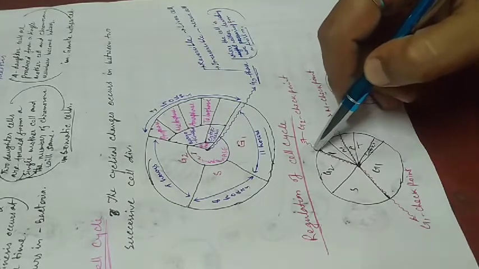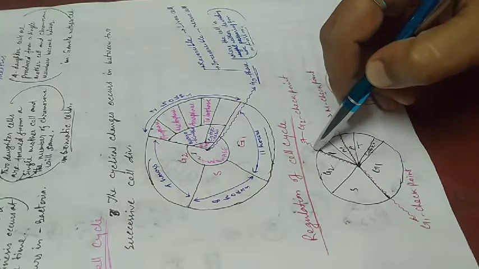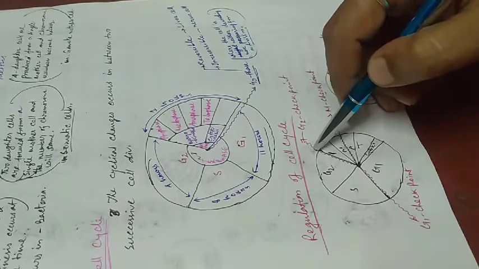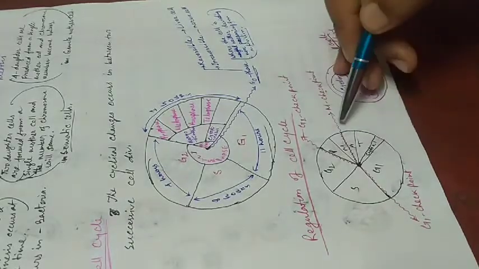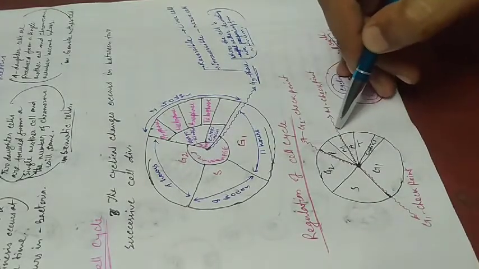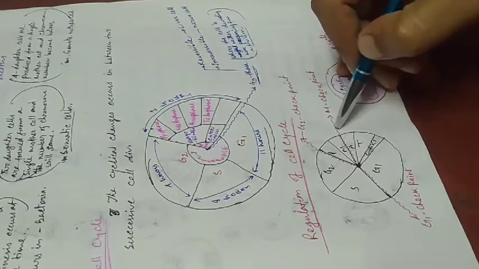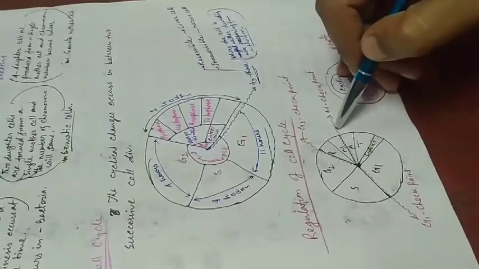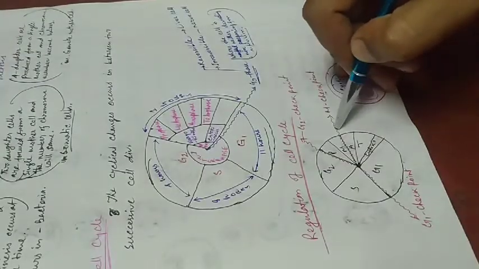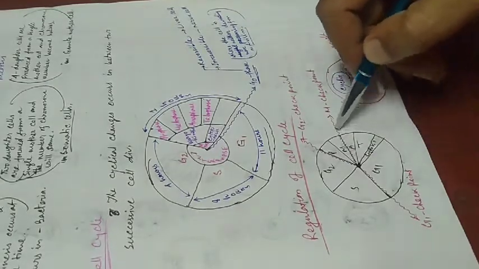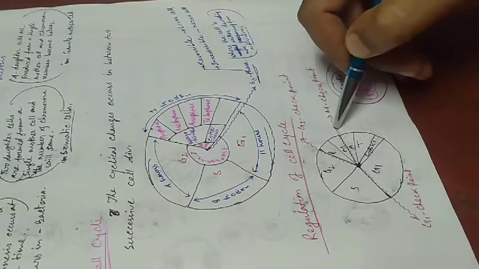And the G2 cyclin and CDK protein will separate, and then another cyclin protein, called M cyclin, is accumulated at the M checkpoint, and the CDK enzymes and ATP bind with it and form the cell cycle regulating complex, or M cyclin complex.